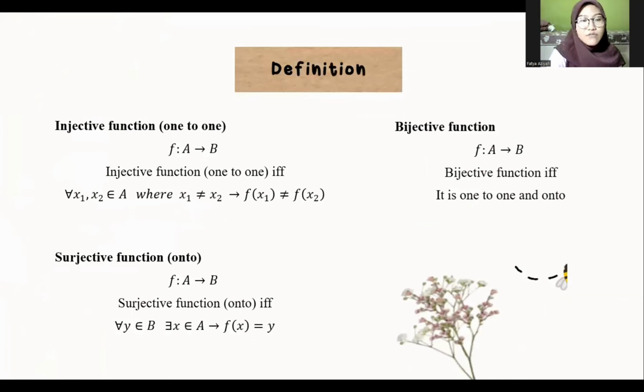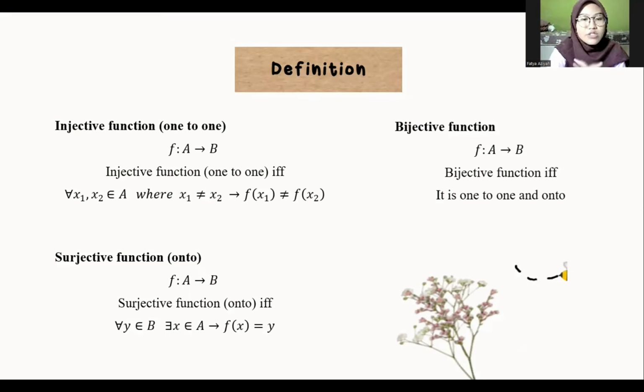The definition of an injective function, also called one-to-one: if we have a function from A to B, it is injective if and only if for every x1, x2 element of A, x1 not equal to x2 implies f of x1 not equal to f of x2.